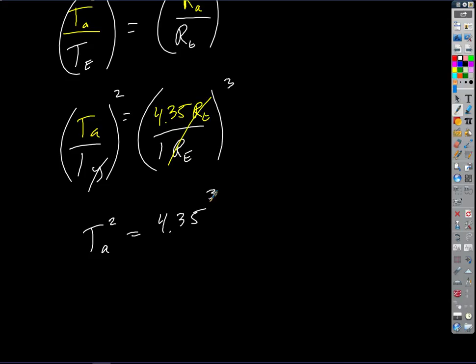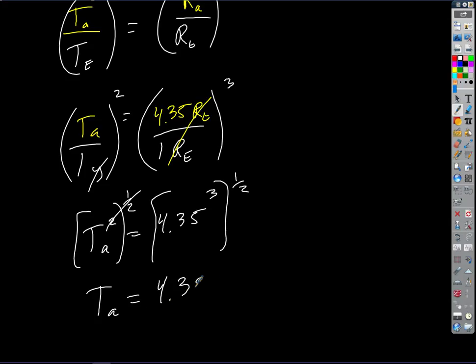So if I take both sides to the 1/2 power, what do we end up with? T sub A equals, if I take a power to a power, what's my rule of exponents? Multiply. So I just get 4.35 to the 3/2 power. You can make it a 1.5. You can even make it a decimal if you want.